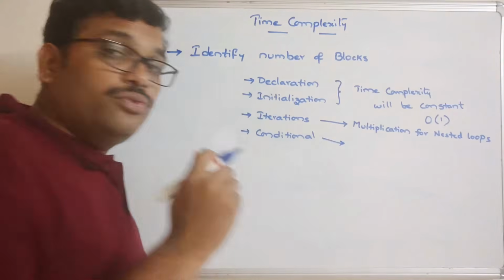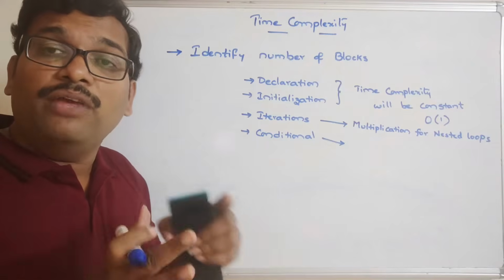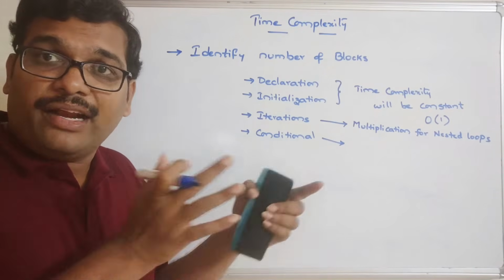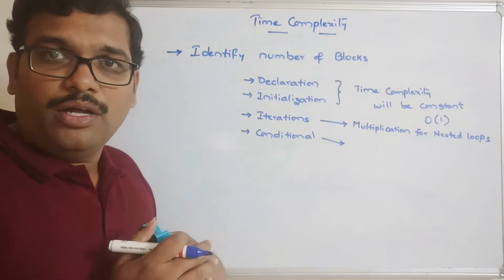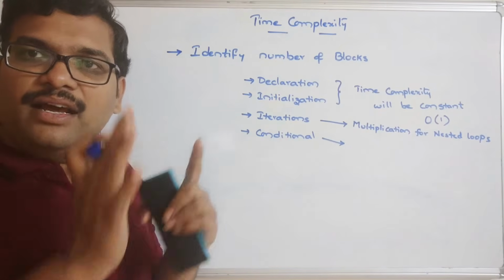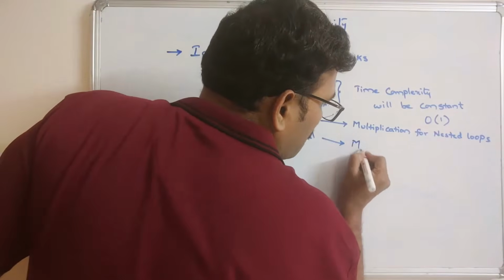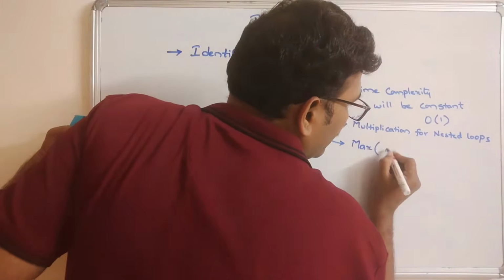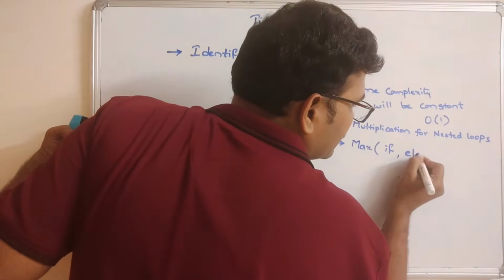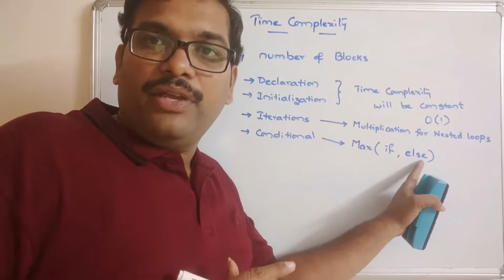conditional, then we have to choose either, because conditional means only one block will get executed, either the if block or the else block. So we have to consider only one case. So we can write here, maximum of if or else, the time complexity of the if block and the time complexity of the else block.